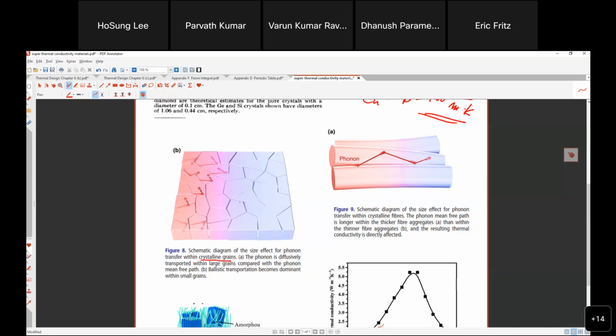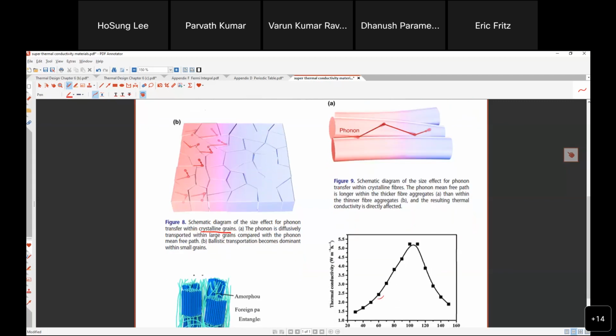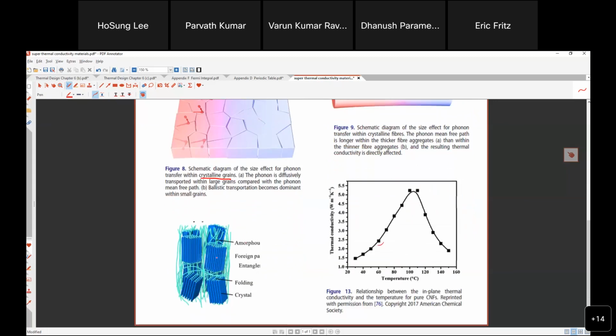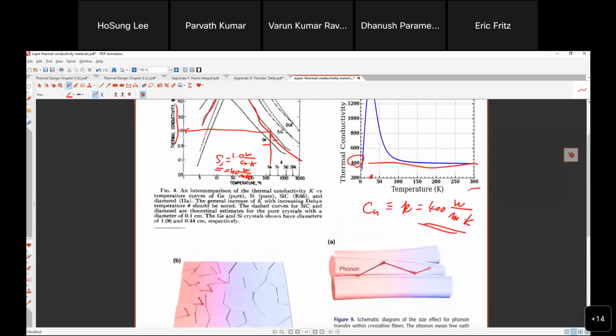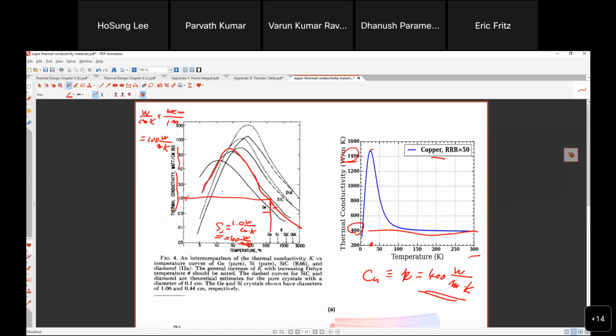We can create the grain, and then we can reduce thermal conductivity if you use this technique, the grain size, and also the tube. There is also some effect of the tube like that.